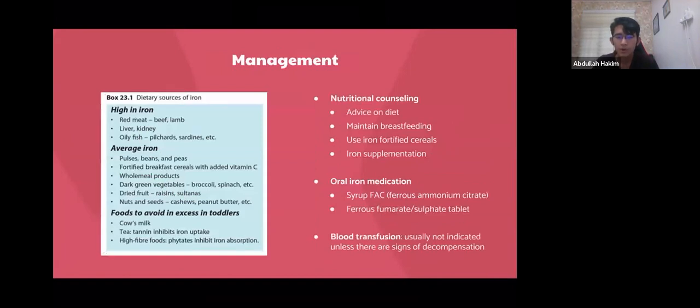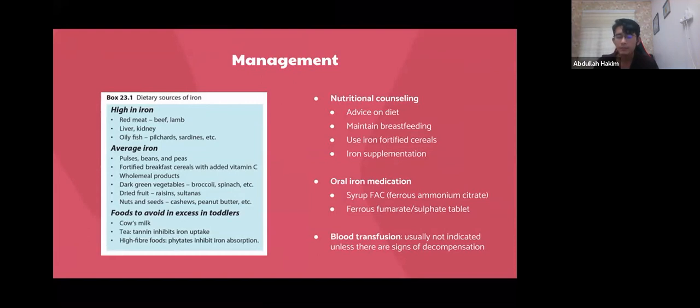So management for patient with iron deficiency anemia, there are three. First, we give nutritional counseling with advice on diet. We maintain the breastfeeding for the infant. We use iron fortified cereals and also iron supplementation. And second, we can give oral iron medication, which may include syrup FAC, ferrous ammonium citrate, and also ferrous fumarate or sulfate tablet.